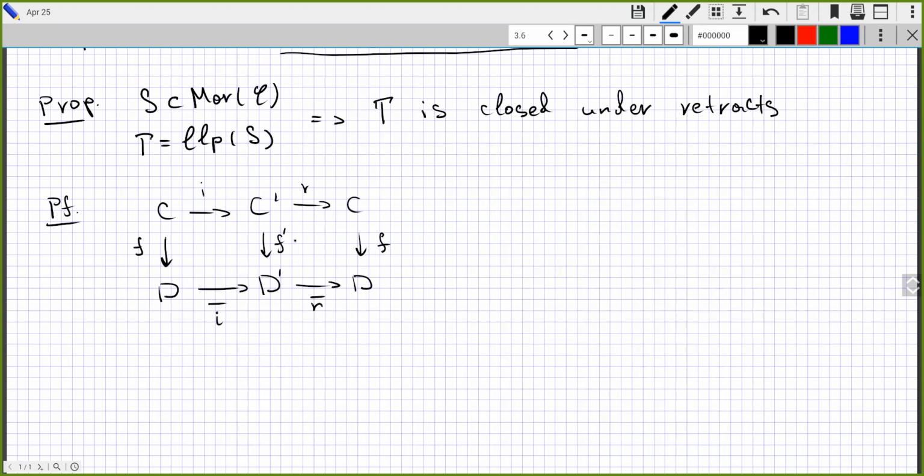What we're given is that f prime lives in T, and what else?